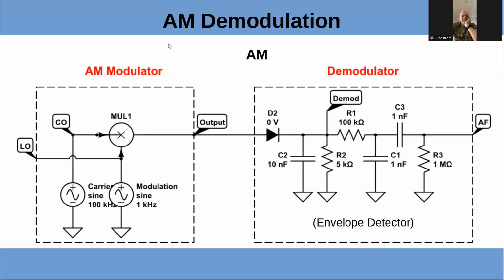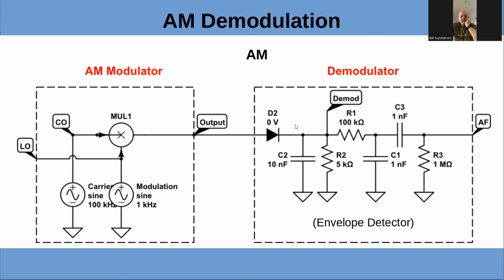For AM demodulation, in other words, we have our amplitude modulator over here on the left-hand side. So we've got our carrier and a modulating signal we call a baseband signal into this essentially multi-frequency multiplier.